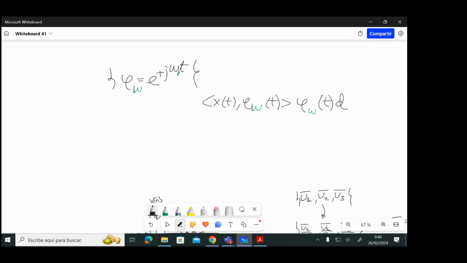Now, because it is a continuous basis, we are representing the Fourier transform. I should sum over all elements of my basis, and my basis is indexed by omega.